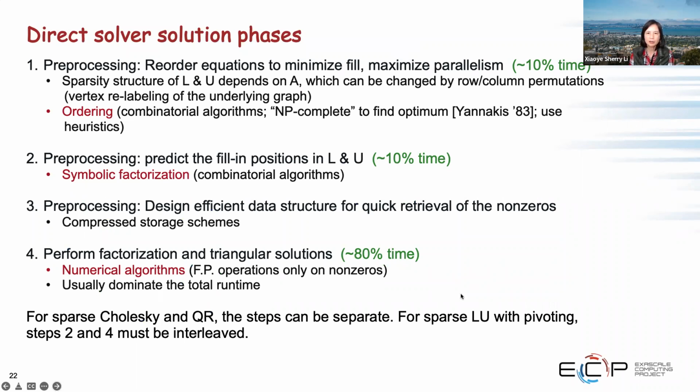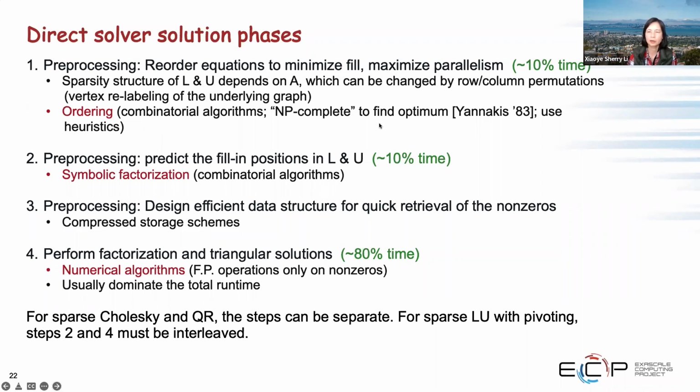As I mentioned, this fill is what makes the whole solver landscape very complicated compared to dense LU. Usually we need some pre-processing steps before we actually get to the numerical factorization. The first pre-processing step is to reorder equations to minimize fill and maybe to maximize parallelism.